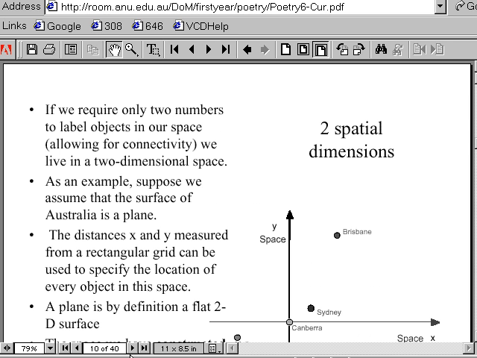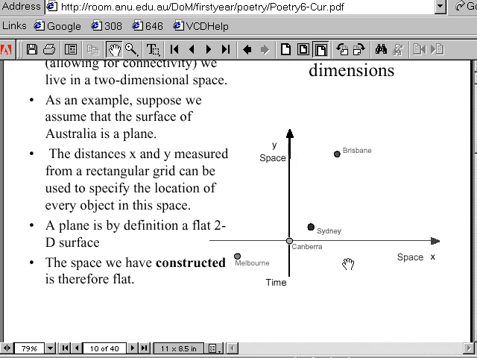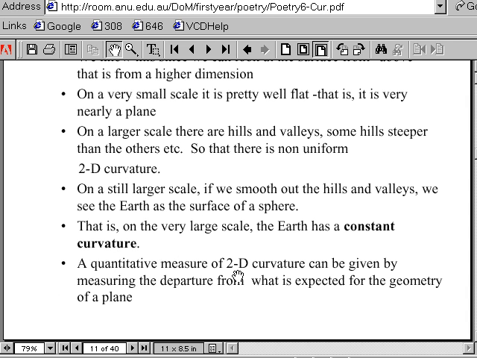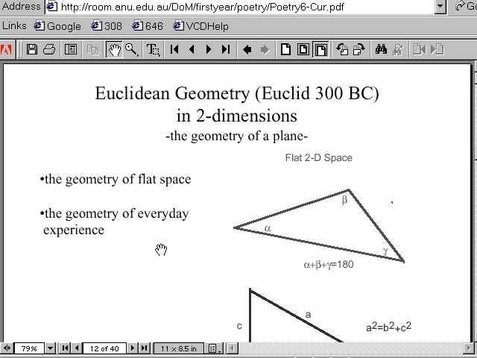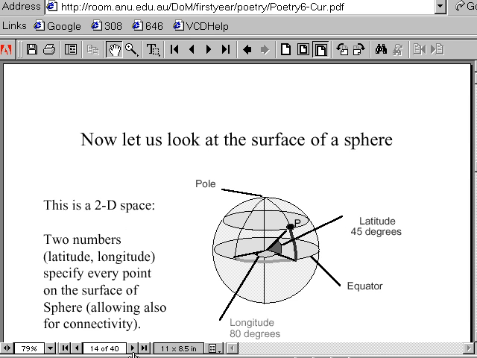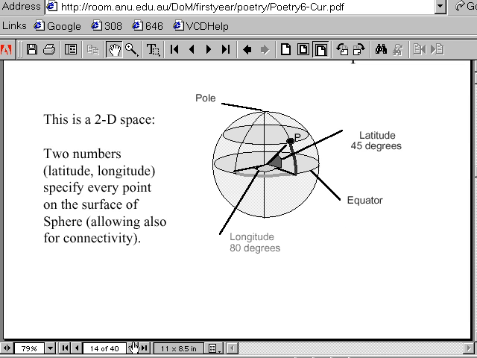Now, we can look down from 3 dimensions and see all this, but we can't look at our 3-dimensional world from 4 or 5 dimensions. We don't have that capability. Now, if you're in 2 dimensions and in flat space, the Pythagorean theorem is just using a metric with coefficients 1 and constant, so the curvature is 0. This also discussed that as a function of scale, the Earth is locally flat, but it really is curved. It has a great deal of distortion near mountains and things like that.